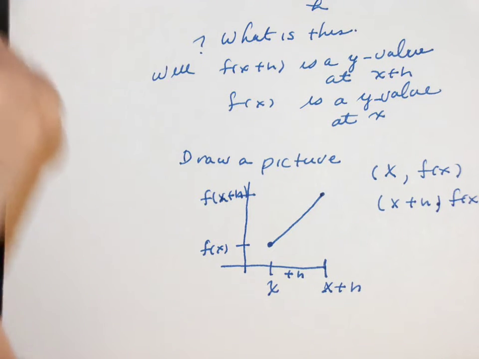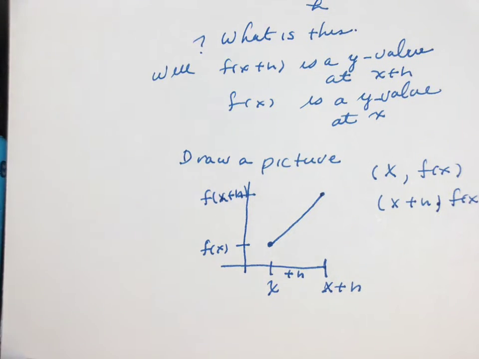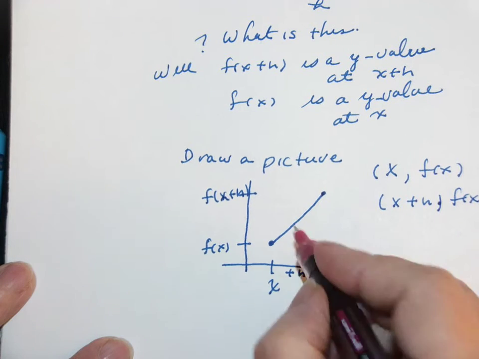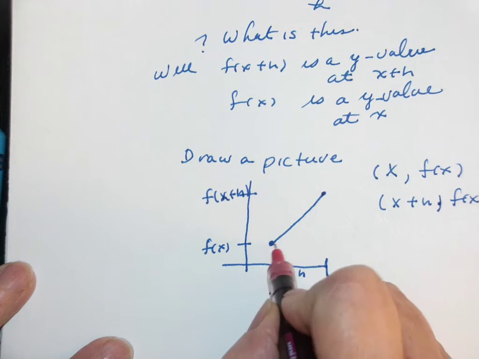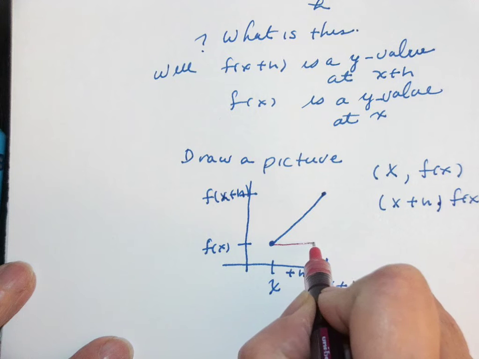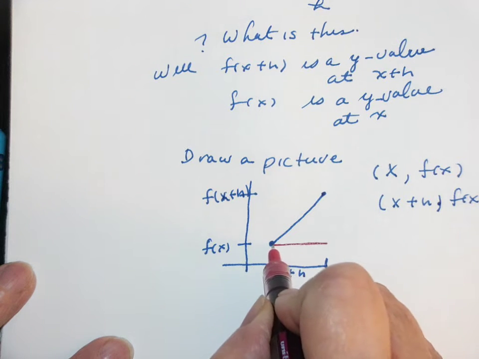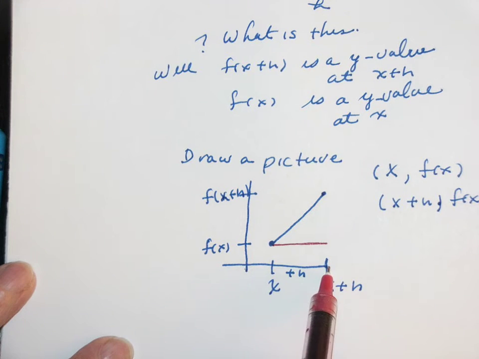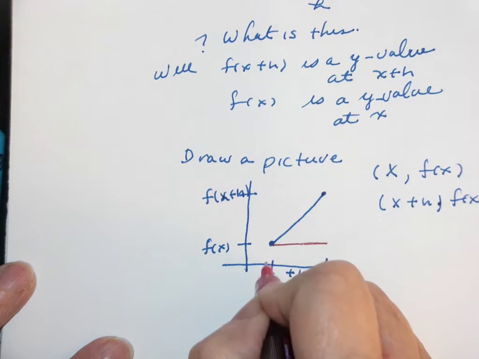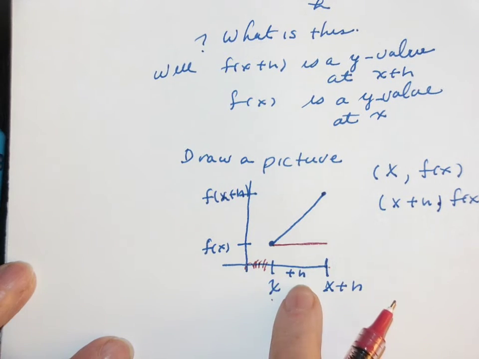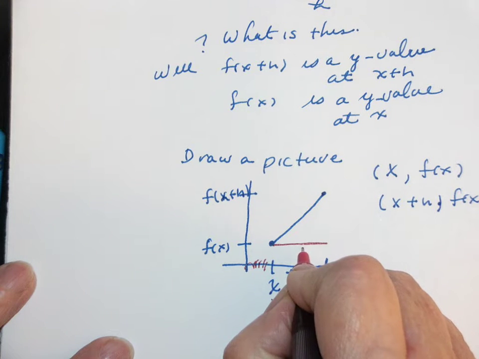Now the relationship is that if I take a look at what this is right here, it's the long value, which is x plus h, subtract x. It's just the number we added, which is h.